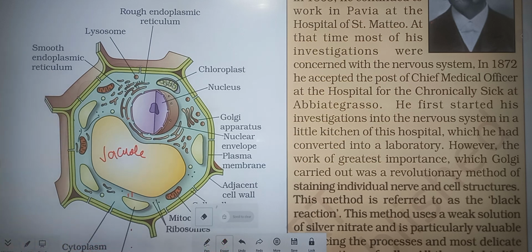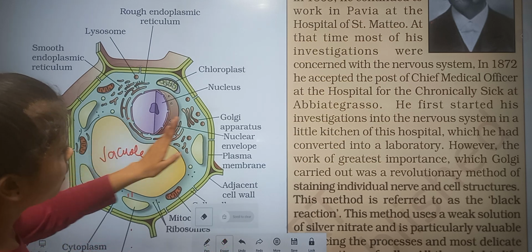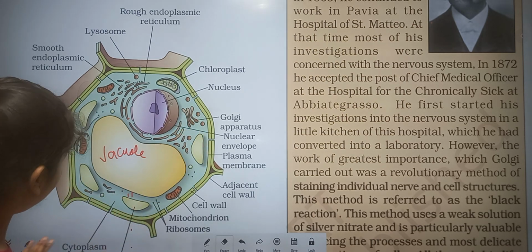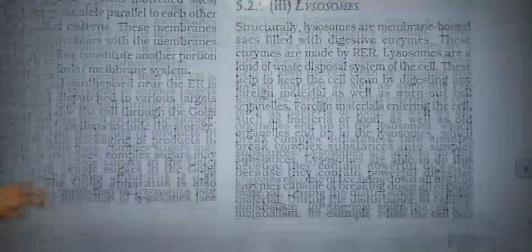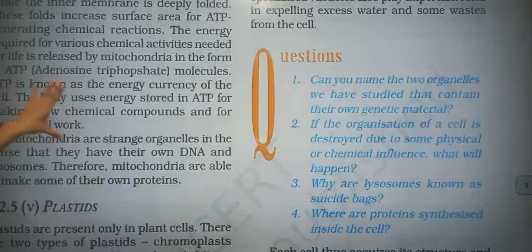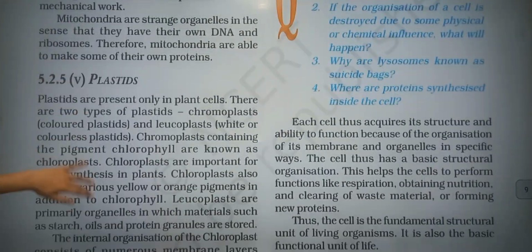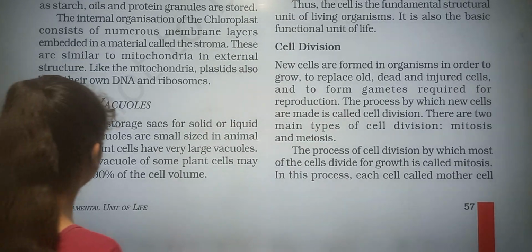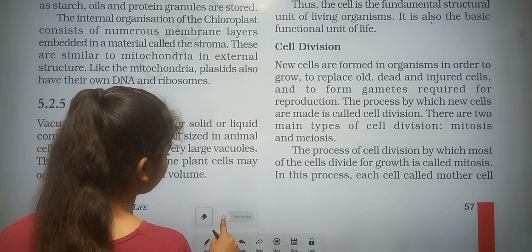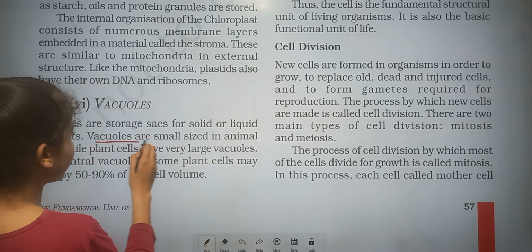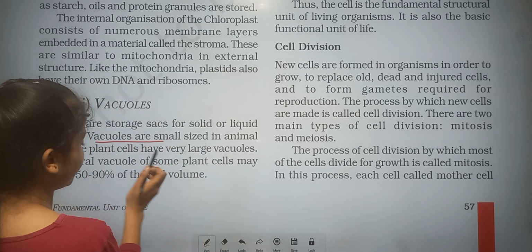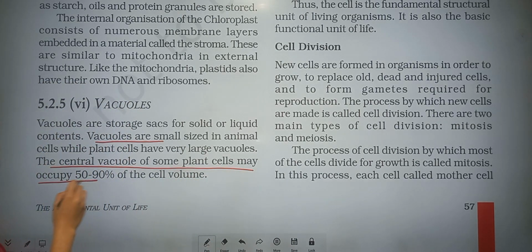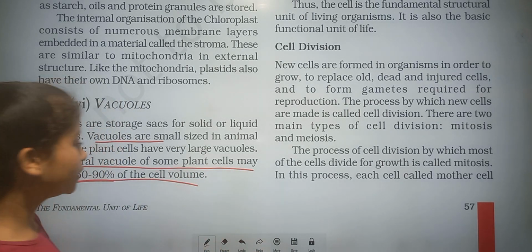And this one is the chloroplast, and here are the Golgi apparatus, mitochondria and cell wall. Here it is also written that the central vacuole of the plant cell may occupy 50 to 90% of the cell volume.